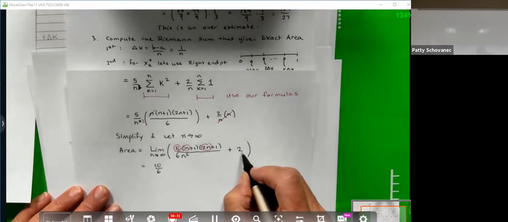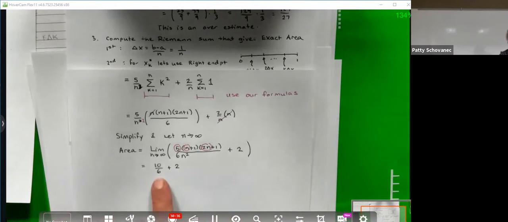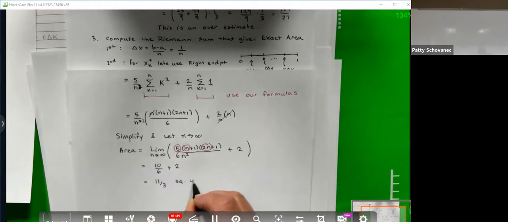As n goes to infinity, the 2 stays at 2. So I have 5/3 plus 6/3. 5/3 plus 6/3 gives us an actual area of 11/3. It's area, so it's square units.